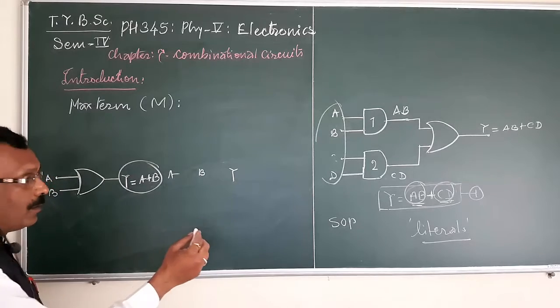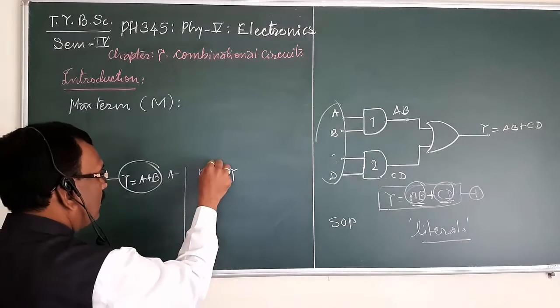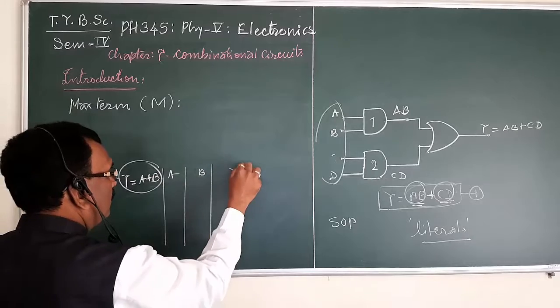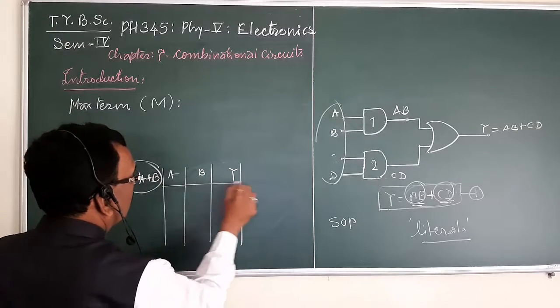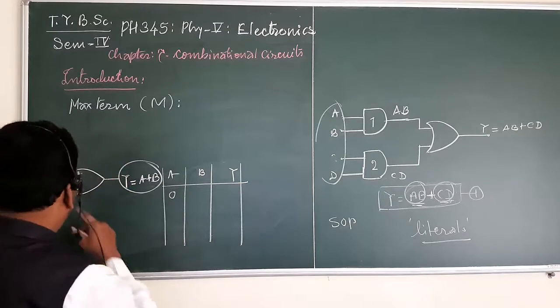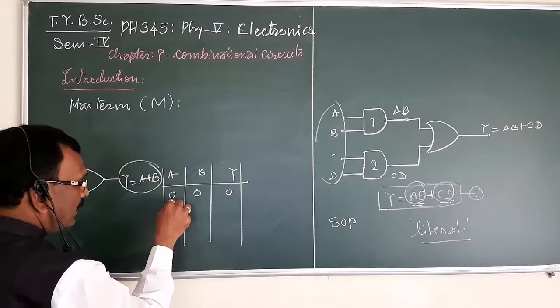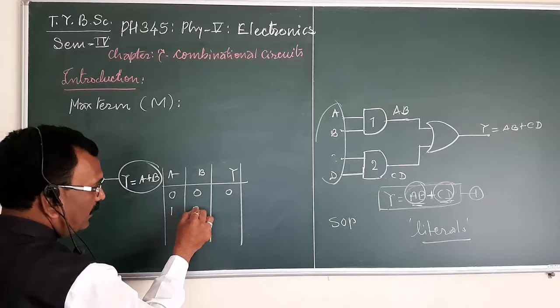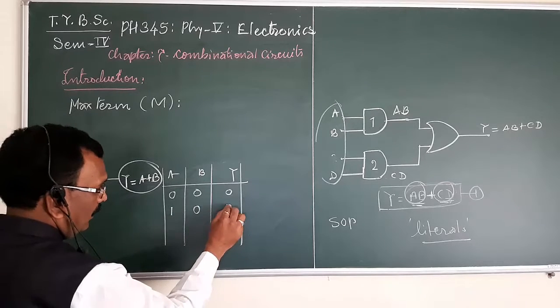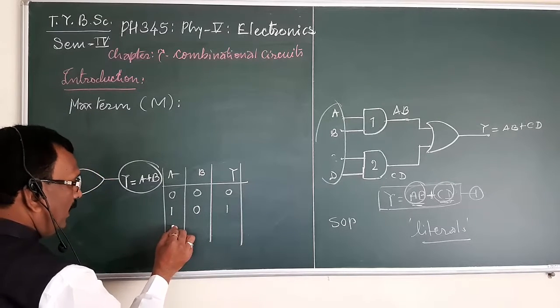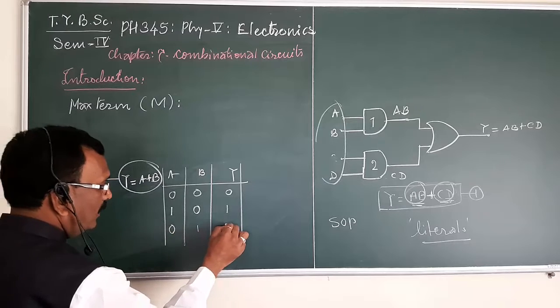So how does the truth table become? By using two inputs. See here, suppose first A is low, B is low, output is low. When A is 1, B is 0, then output is 1. When A is 0, B is 1, then output is 1.